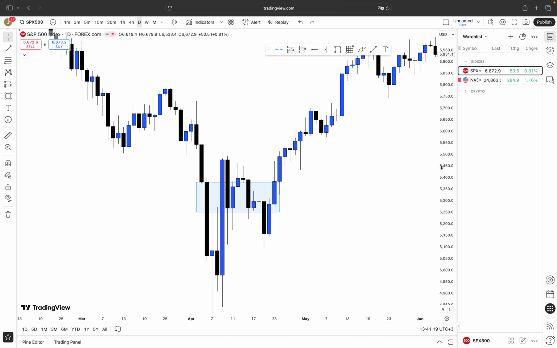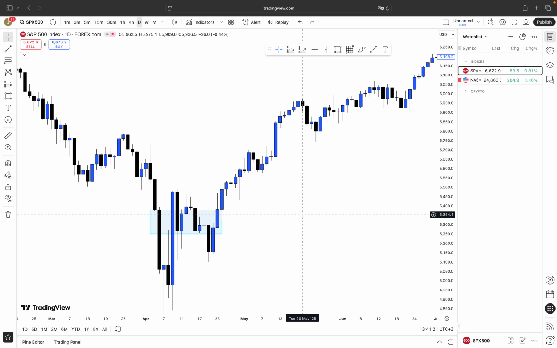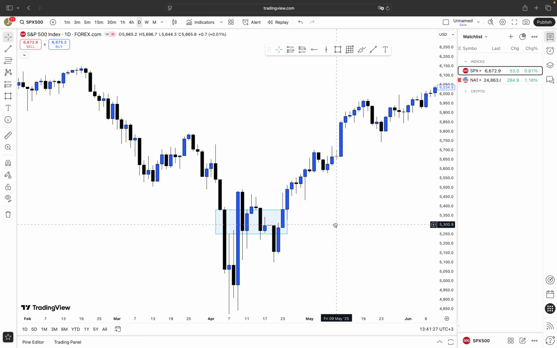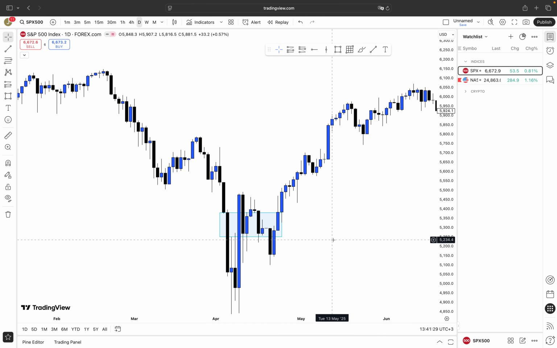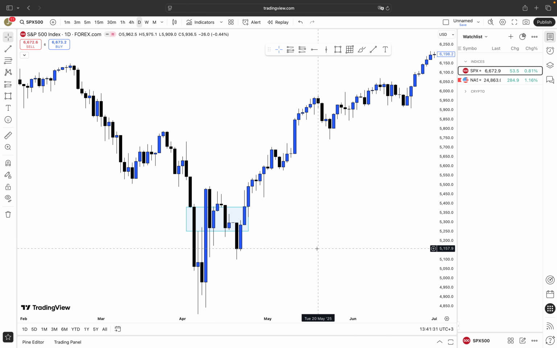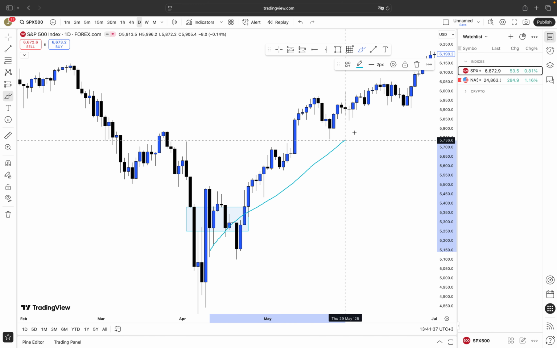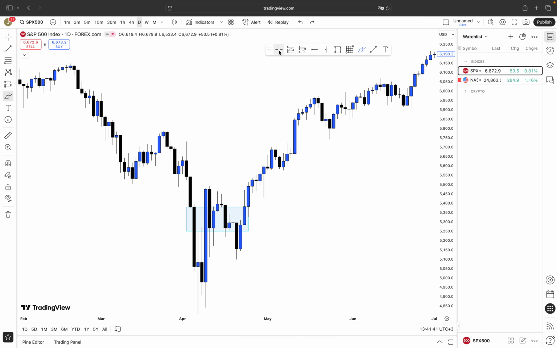And look how beautifully this example is playing out, because this inverse fair value gap is a shift in the market structure, or can be an indicator for a shift in the market structure, similar to a breakout structure. And look what happens: after the market inverts this bearish fair value gap, it continues to move higher.